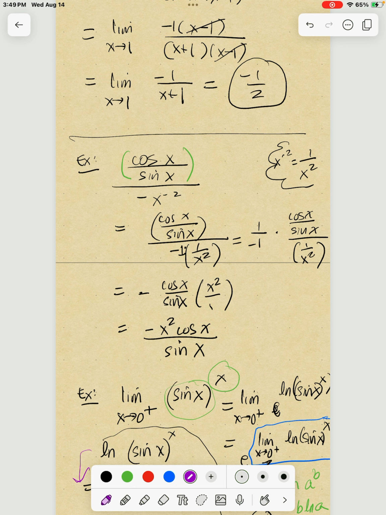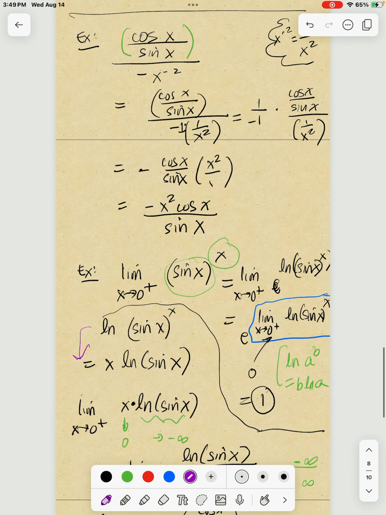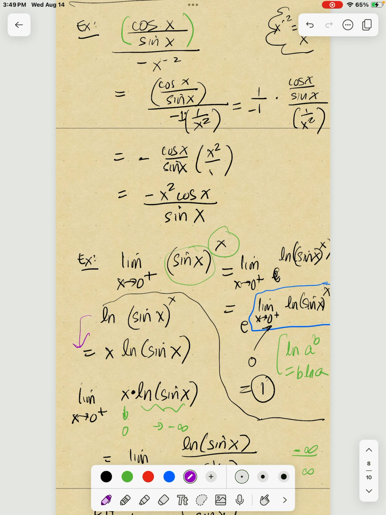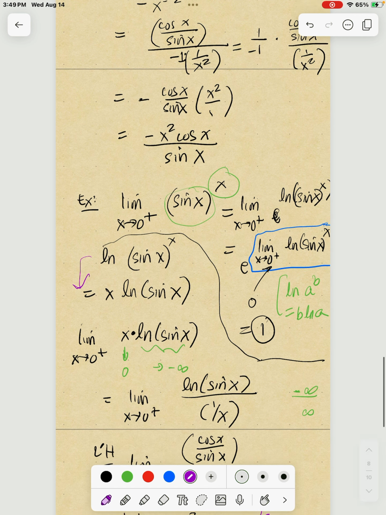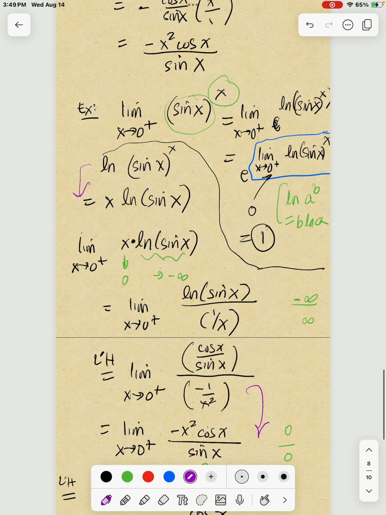And we talked about when you have a quotient of two fractions, you can multiply by the reciprocal, and that will simplify things, and then we used that to solve a problem using L'Hopital's rule.